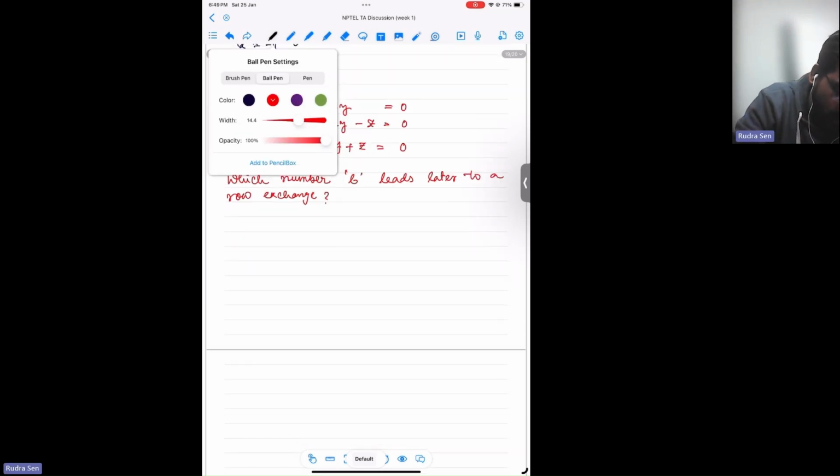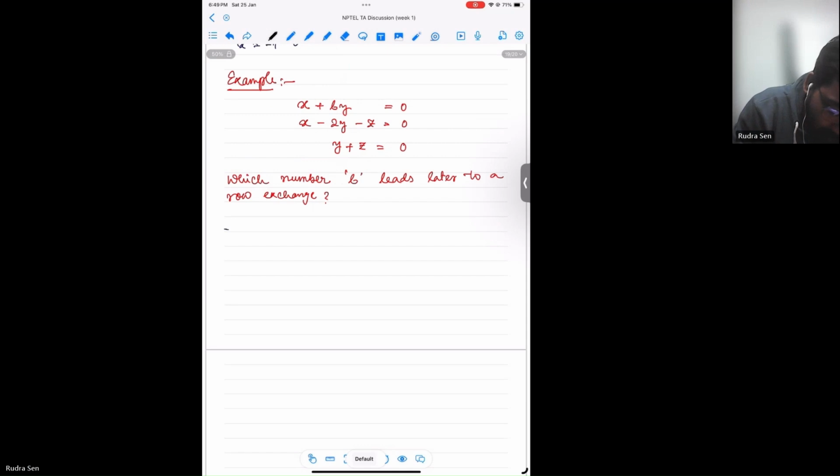Let's try this. First of all, we write the system as A x equals b, in matrix format: 1 b 0, 1 minus 2 minus 1, and 0 1 1.